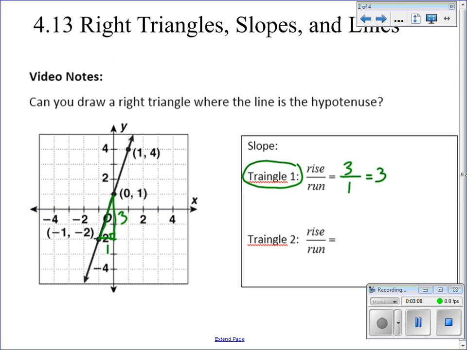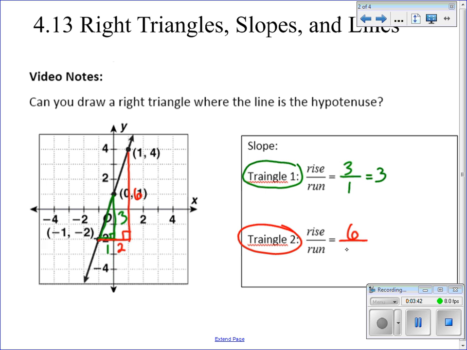If we look at triangle 2, the other triangle we can draw is if I come all the way down here and then all the way over, we made another right triangle here in red, and that's going to be our triangle 2. Triangle 2 has 2 spaces for our base, and 1, 2, 3, 4, 5, 6 spaces for its height. So when we look at the vertical, or rise, we're rising 6 for this triangle.